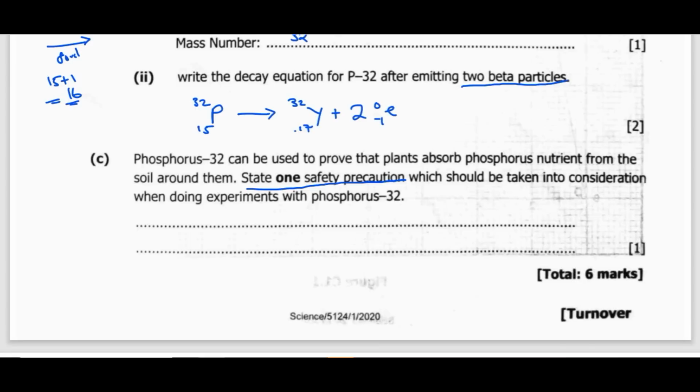We just state one because we have been asked for one precaution. You should protect yourself, so you wear radioactive protective gloves or gear.